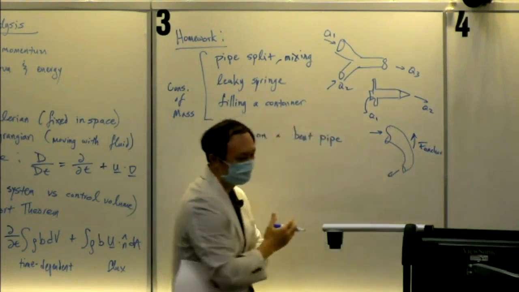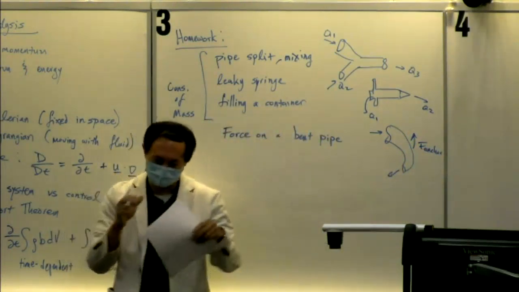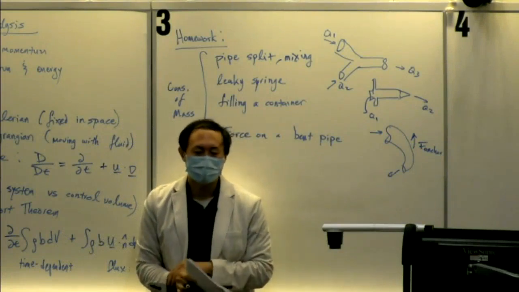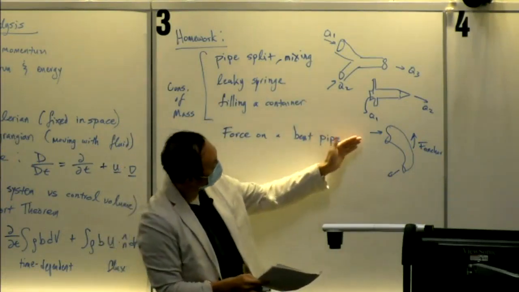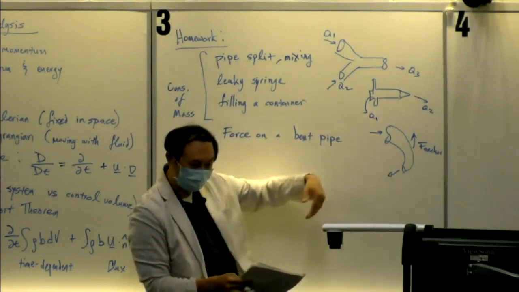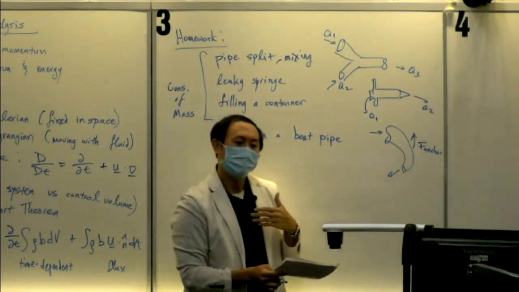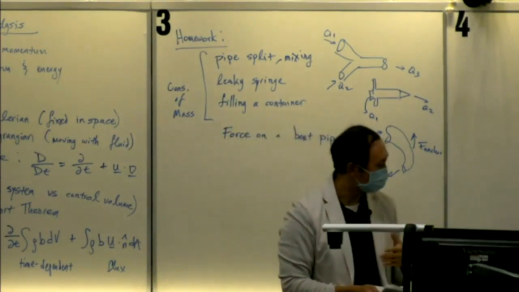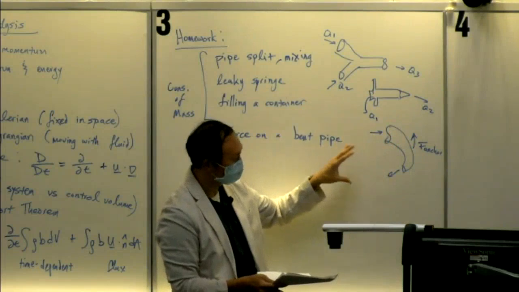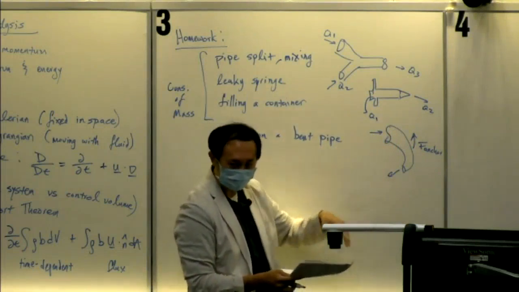How strong do you need to make the little screws so that thing holds in place? And the big physical idea why you need an anchoring force is that fluid's coming in one direction and it's turning and leaving in another direction. Fluid's got momentum. Just like if there are a million little ping pong balls going in and you're turning them, you're required to have a force to change their course.